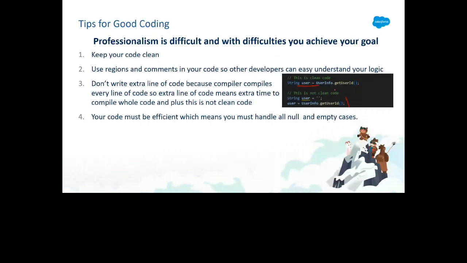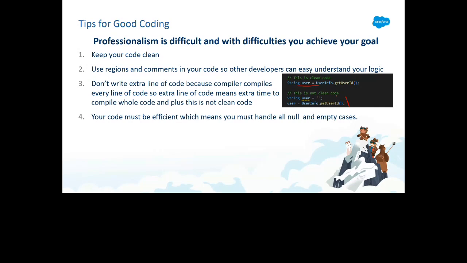And the fourth tip is your code must be efficient, which means you have to handle all perspectives: null handling, empty cases. Most developers write a lot of code, but they leave gaps where they didn't handle null values.